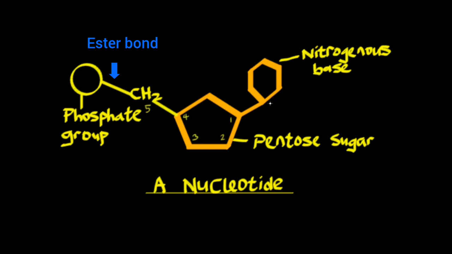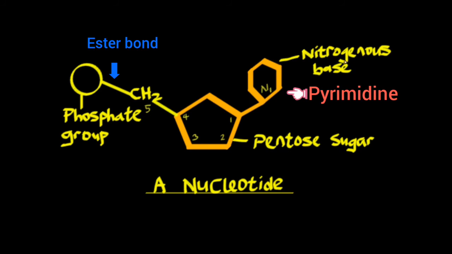And if this nitrogenous base is a pyrimidine, which is single ringed, it is going to make use of the N1 nitrogen atom in binding to our pentose sugar.